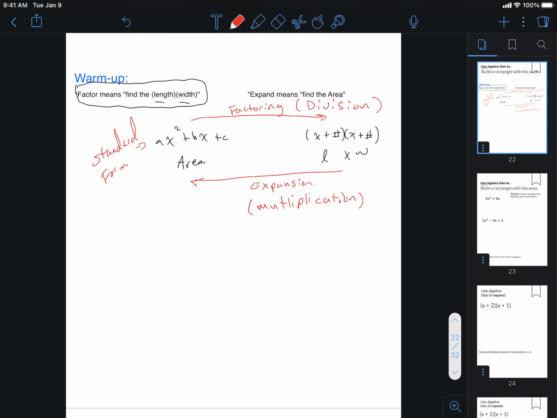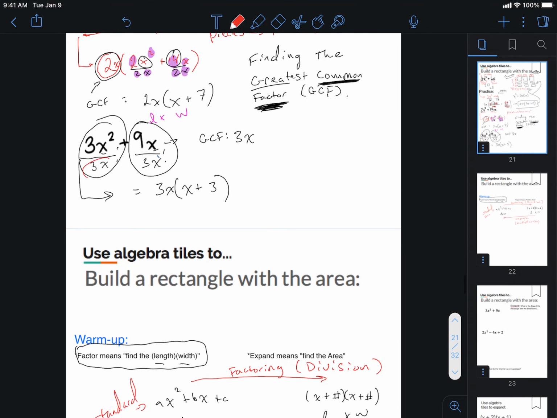That could be a way for you to think of it. They're opposite processes, to go from one to the other and back and forth. So expansion is multiplication. We're going to multiply those things out. We're going to see how to do that in a minute. And then factoring is kind of like you could see me dividing all the time. Division, division.